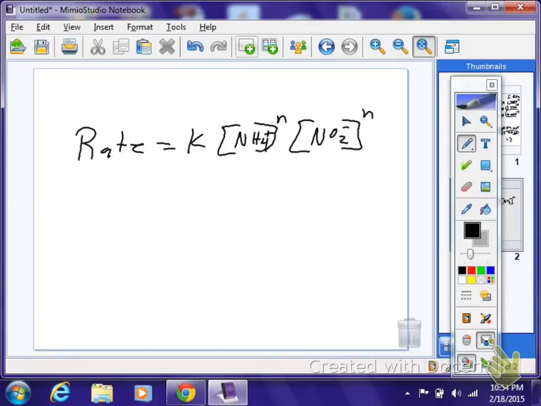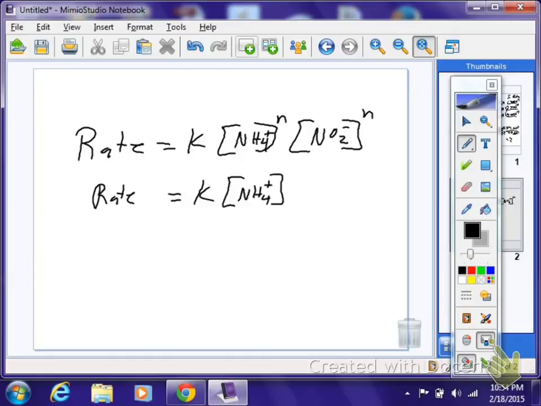So we're going to plug in our orders, and it's going to look like this. Rate is equal to k, which we can find later, times the concentration of NH4+ to an order of 1.